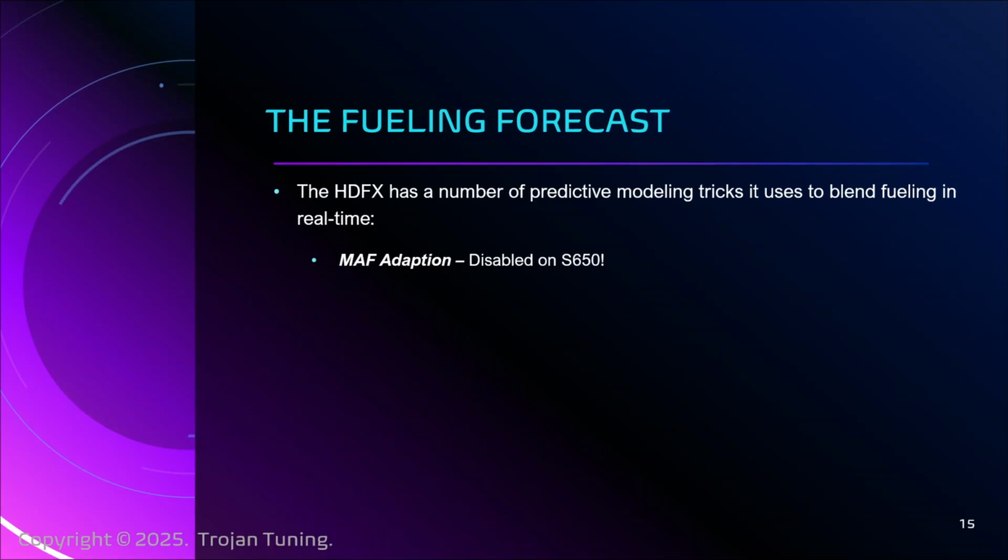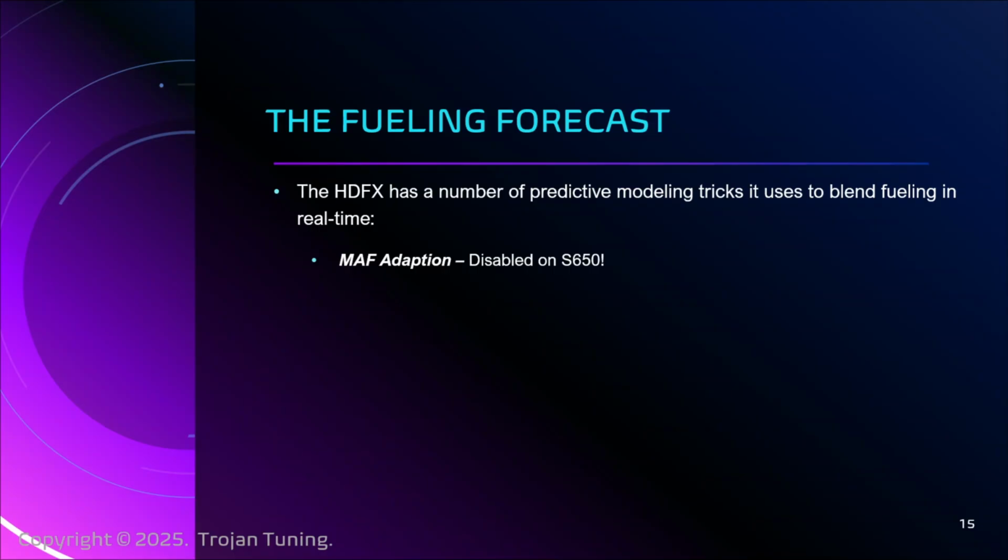I could talk more about this, but I'm not going to, because Coyote generations 1 through 3 had MAF adaptation. On the S650, by default, it is disabled. And that is a curious thing. Why would you disable this? There are 2 reasons, in my view. Probably the most important one is that the fuel trims are governed by speed density on the S650.